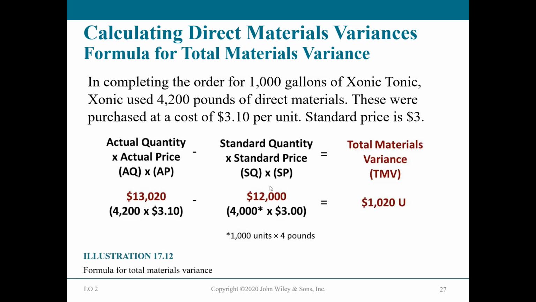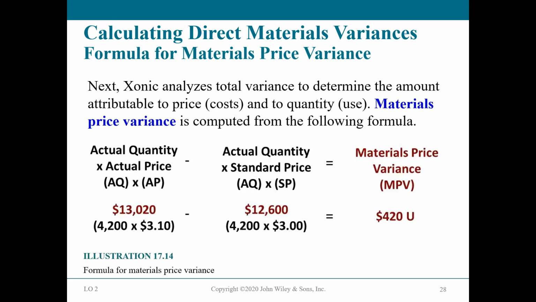So now we want to break out what was the price variance versus what was the quantity variance. Because if you look here, you have actual quantity, actual price, standard quantity, standard price. So we want to separate these. Oops, sorry, scroll right here. So the materials price, how you see this is you always want to keep one variable consistent.